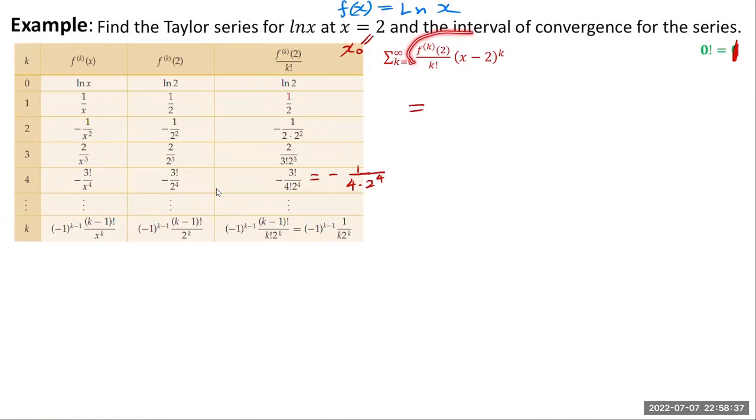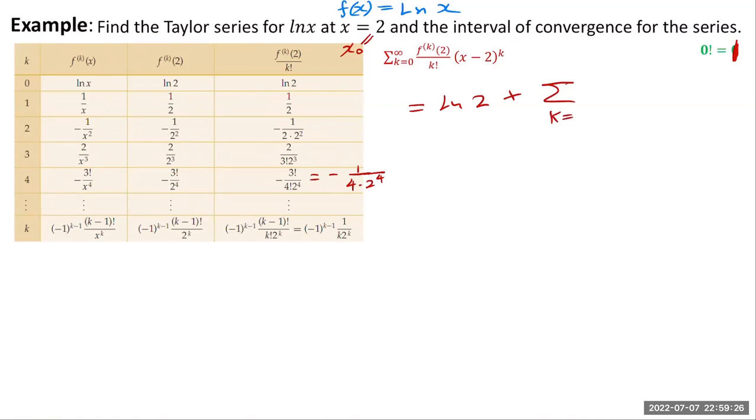If you plug in k is equal to 0, you can easily find this quantity, because that is f^(k)(2) over k factorial when k is equal to 0, that is ln2 times, when k is equal to 0, of course, this quantity is 1. So this becomes ln2, the first term, and then I'm writing the remaining terms as a summation.